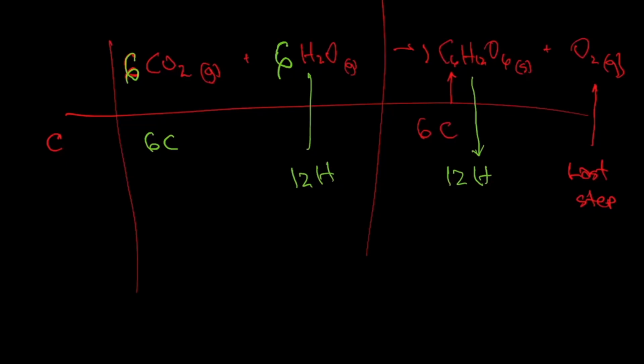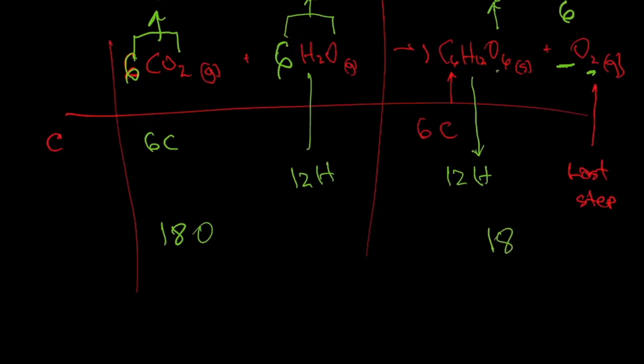Finally, I can balance my oxygen. I've got 6 here, here I've got 6, and here I've got 12. So I've got 18 oxygens here, and I need to change this so that I get 18. What plus 6 equals 18? 12. But this is O2, so I need 6 times 2 equals 12, plus 6 equals 18.